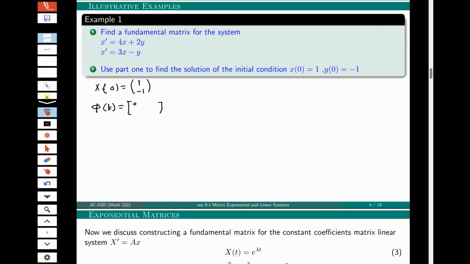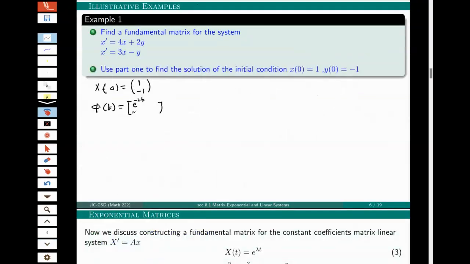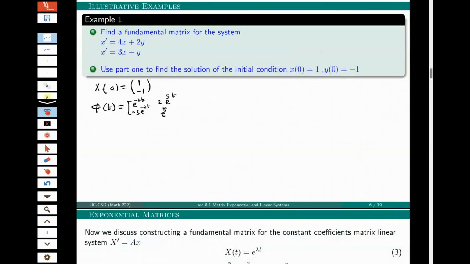We said it is e raised to the power minus 2t, minus 3 e raised to the power minus 2t, and 2e to the power 5t and e to the power 5t. That's phi of t.